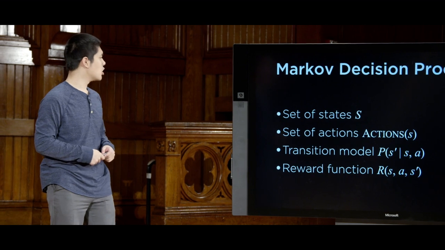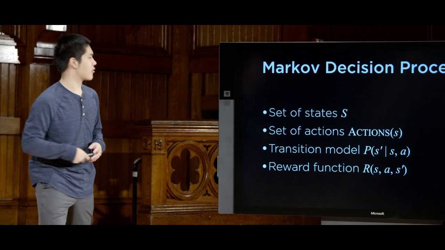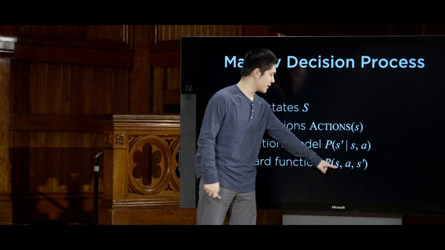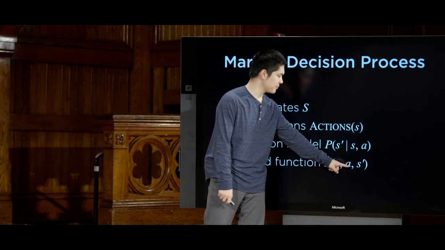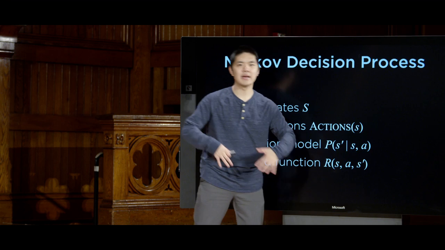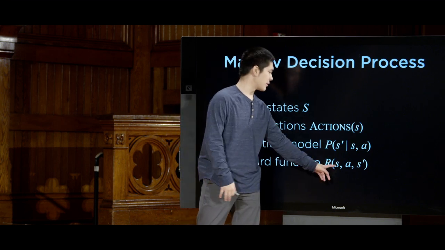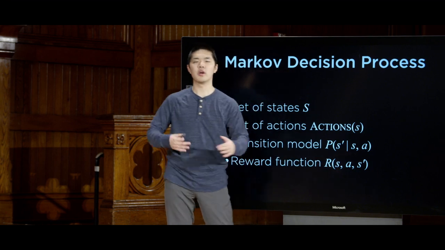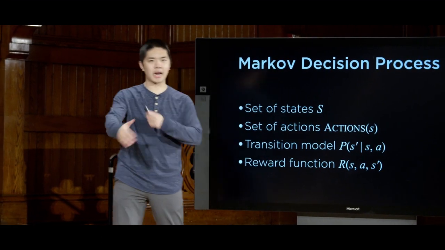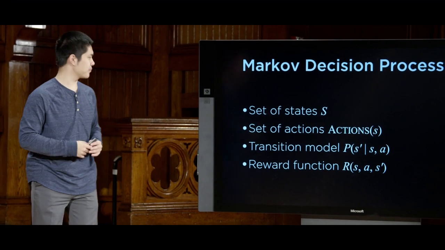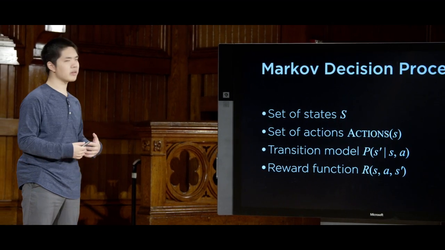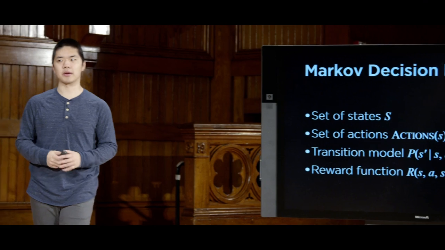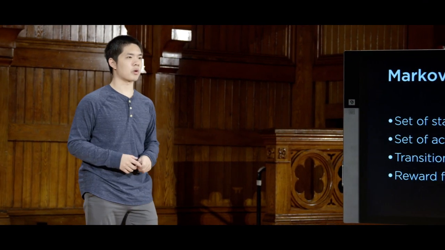And then finally, we have a reward function, generally called R, that in this case says, what is the reward for being in this state, taking this action, and then getting to S prime, this next state? So I'm in this original state, I take this action, I get to this next state. What is the reward for doing that process? And you can add up these rewards every time you take an action to get the total amount of rewards that an agent might get from interacting in a particular environment modeled using this Markov decision process.